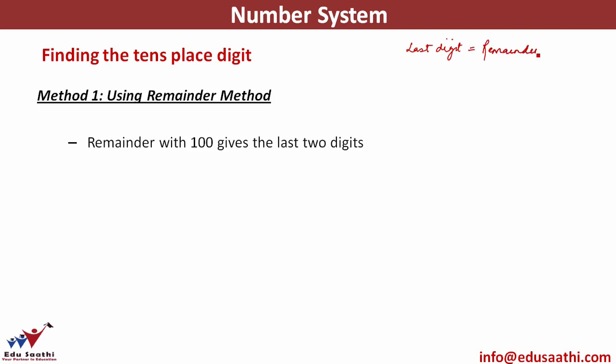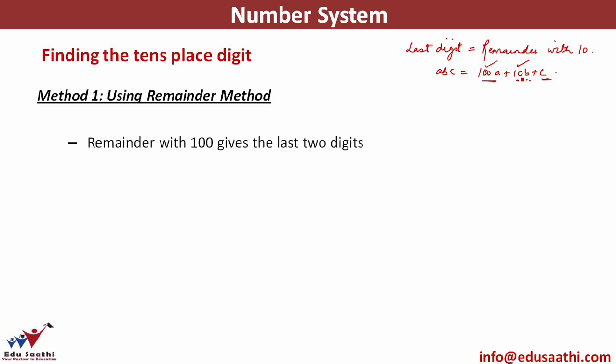So if you find out the remainder with 10, it will basically give you the last digit, because if you look at it, this is the number that you have, you multiply it with the place value and this is the number that you get. So except the unit digit, every number has a place value which is a multiple of 10. So all these numbers would not give any remainder with 10, they will be divisible with 10.